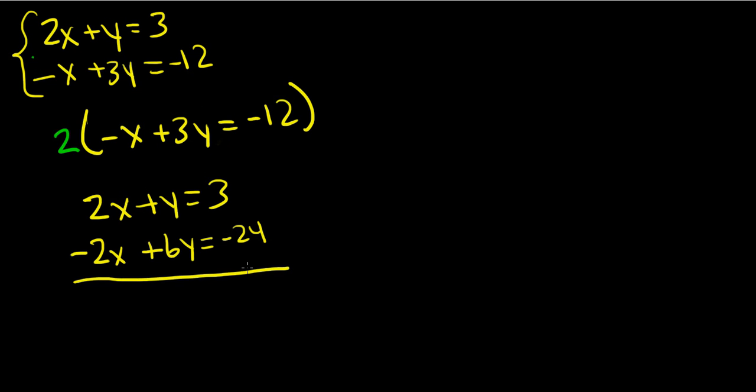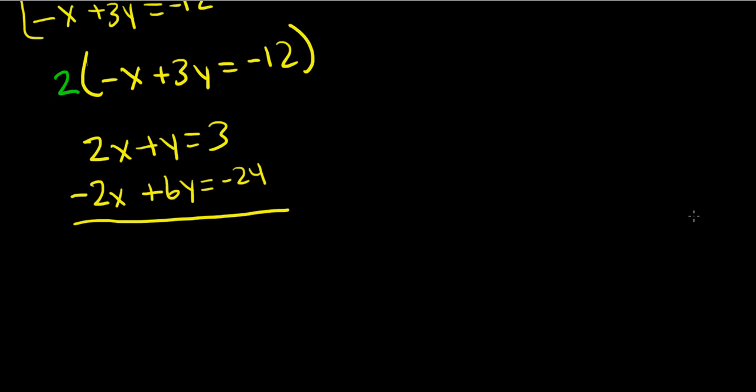Now we can go ahead and add the terms. When we add, the 2x and the negative 2x cancel each other out, which gives us 0. Then y plus 6y is going to give us 7y. 3 plus negative 24 is going to give us negative 21.